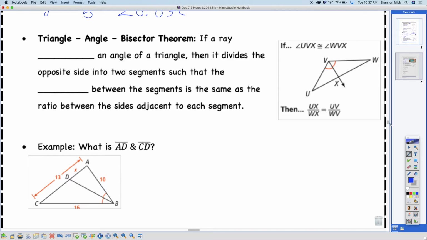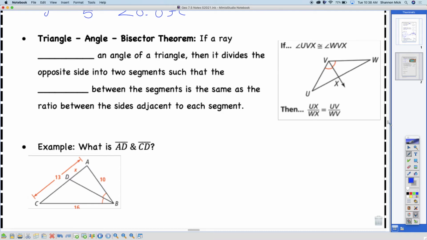So we know that UX over WX is equal to UV over WV, because the congruent triangles have proportional sides, correct? Yes. We learned that. That's just what that says, isn't it?